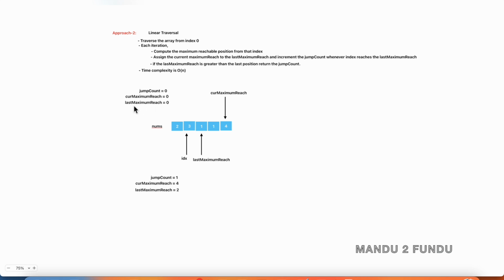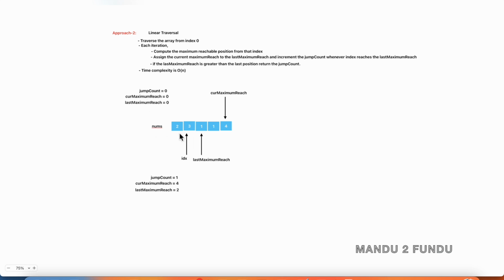When we reach that position, we immediately assign the current maximum reach to the last maximum reach and increment the jump count. When the last maximum reach is greater than or equal to the last position, that means we can reach the last position, so we can simply return the currently computed jump count.